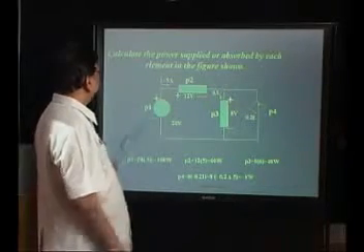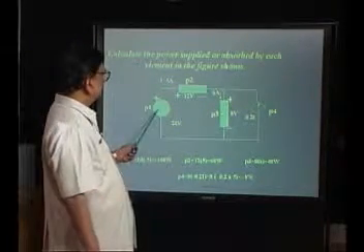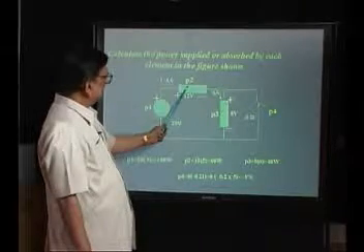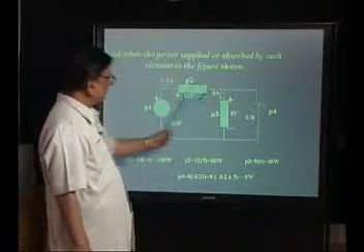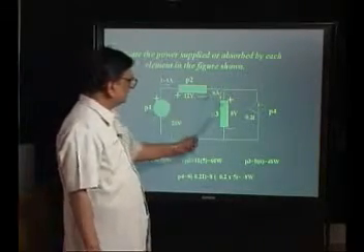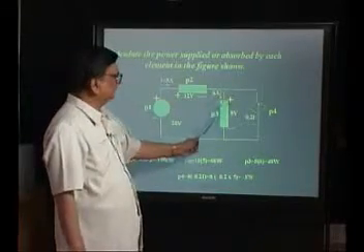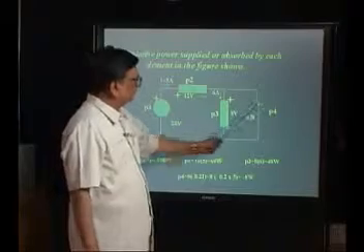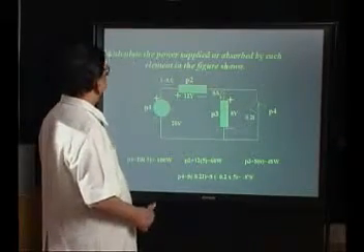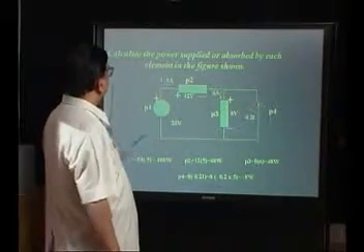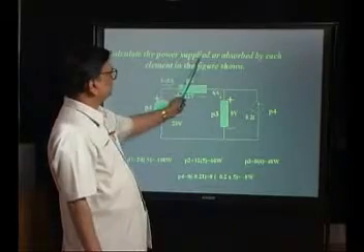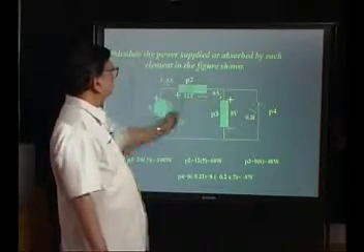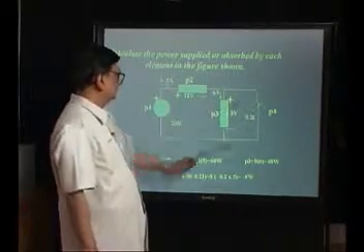Now, let us see, this is a particular situation in a circuit. We have here a voltage source, then a power absorbing element here, another power absorbing element here, and this is a dependent voltage source. Now, the problem is we have to calculate the power supplied or absorbed by each of the elements in this particular figure.